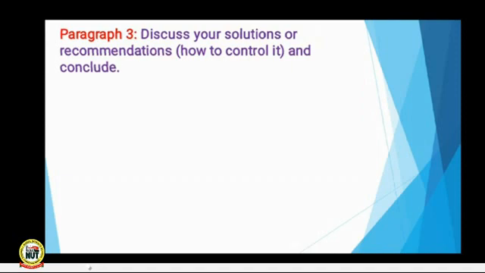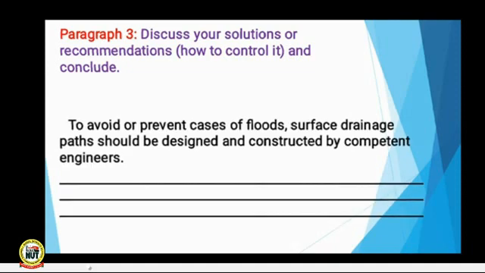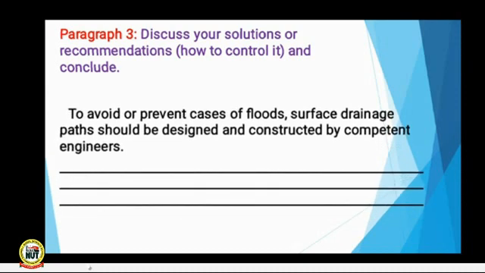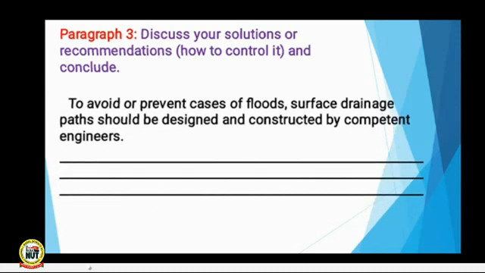Let us look at how to end your article. Discuss your solutions or recommendations, how to control it, and conclude. Since I'm talking about flood, I might bring out one point here for the benefit of example. Now, one of the points, as you can see, in paragraph 3: to avoid or prevent cases of floods, surface drainage paths should be designed and constructed by competent engineers.